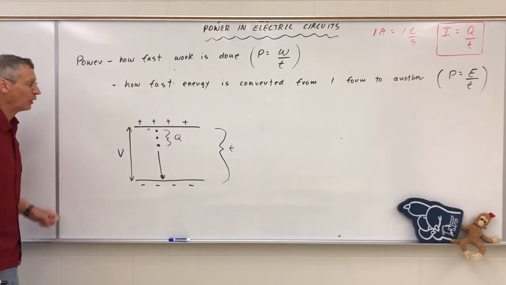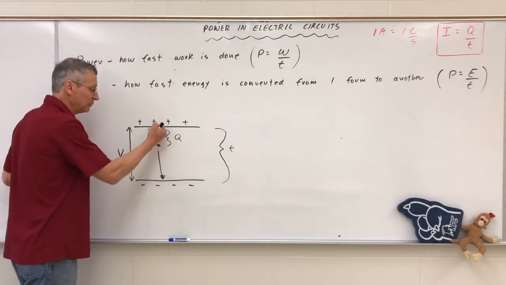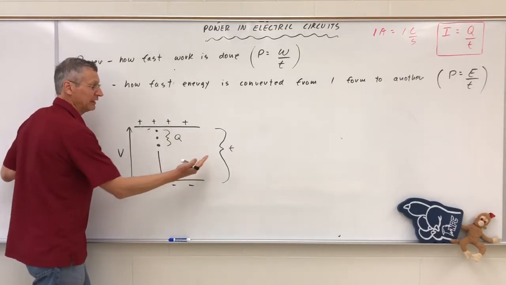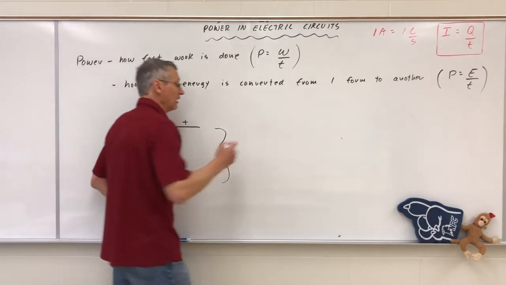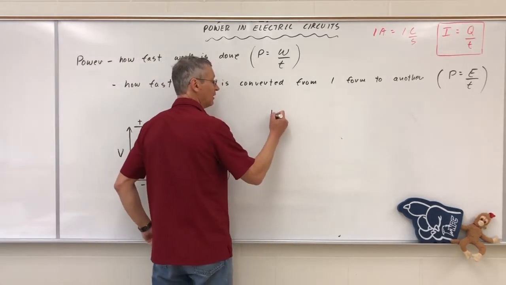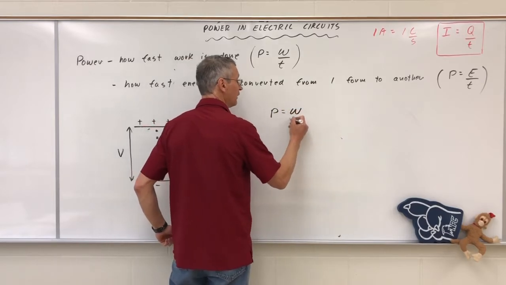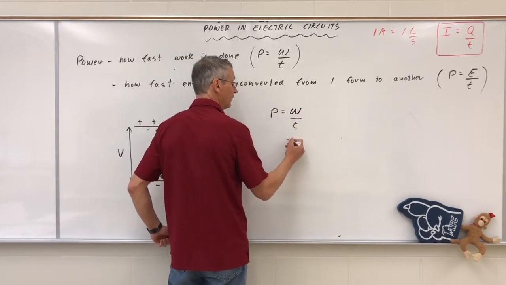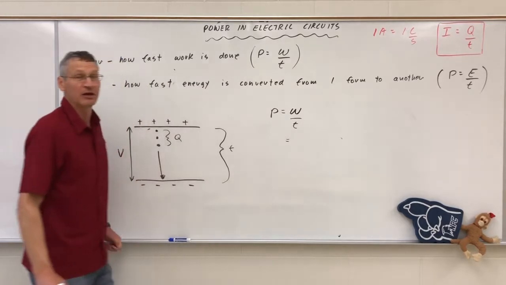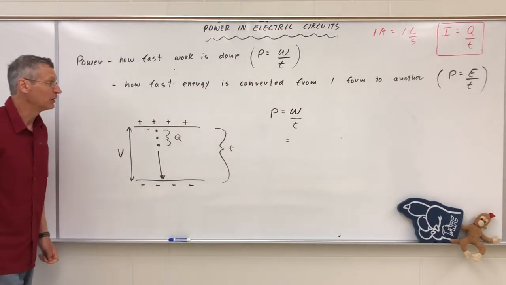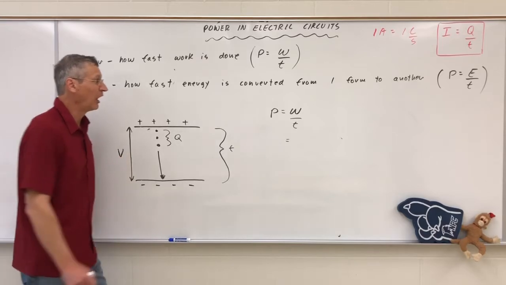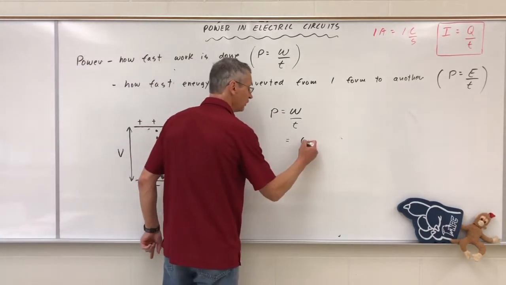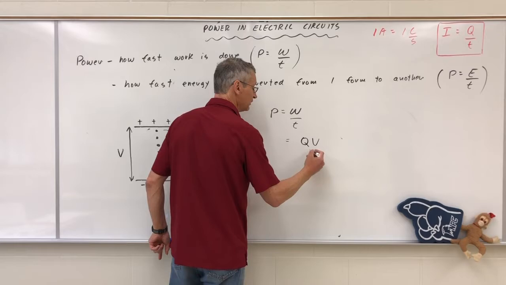So I did a bunch of work in some time. How much power am I generating there? Well, power is equal to work divided by time. And remember, if you're talking about charges moving through a potential difference, the work done is equal to the charge multiplied by the potential difference.